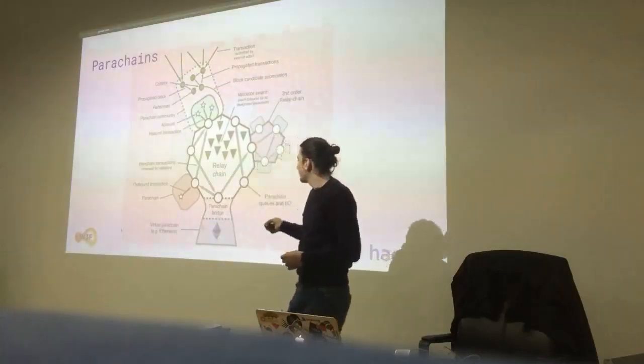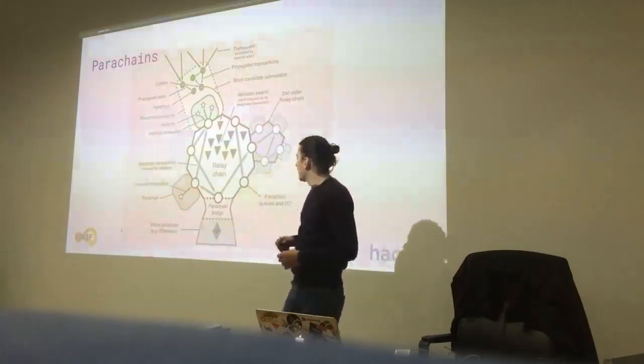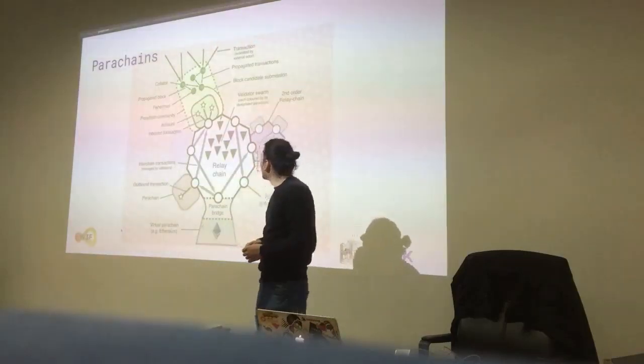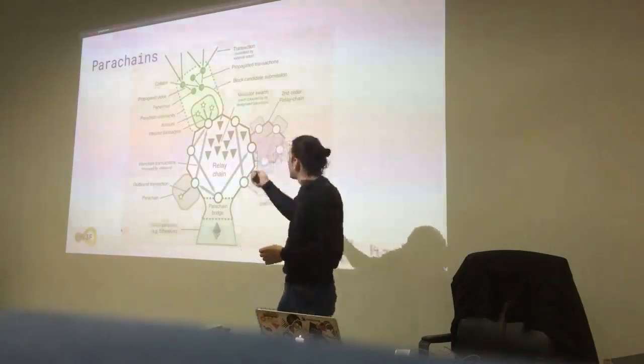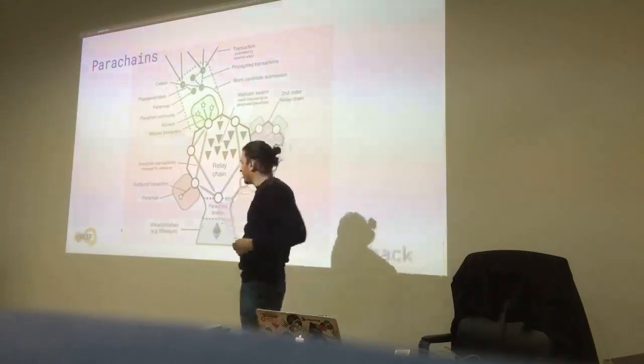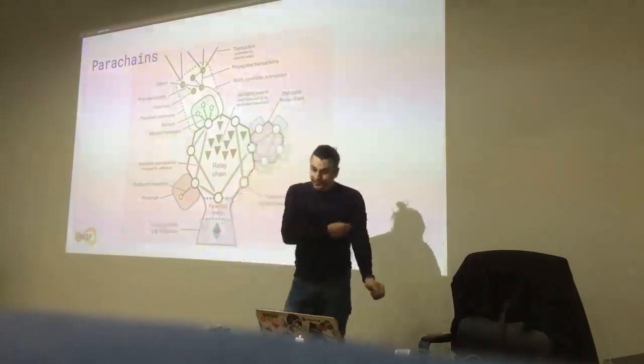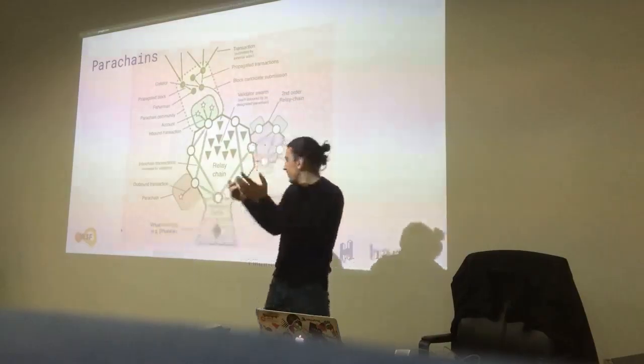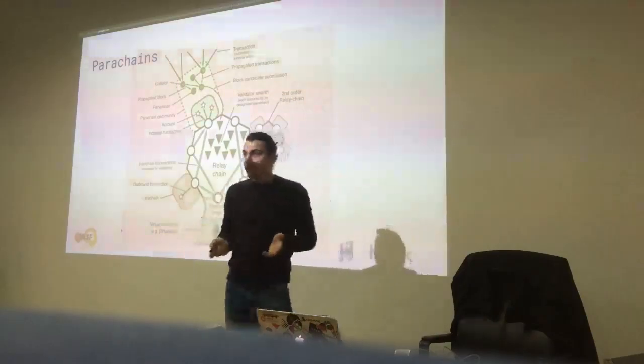We have here a bridge. I'm going to explain it briefly. And for now, we're going to focus more on this parachain here. So when we decide to create a parachain, basically the parachain is a WASM block.